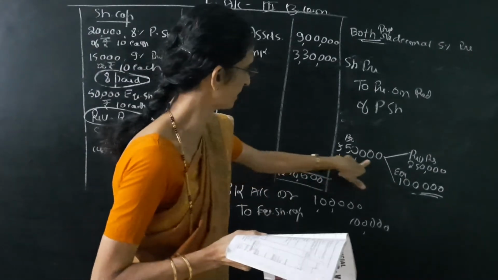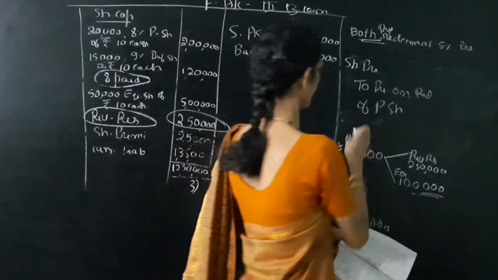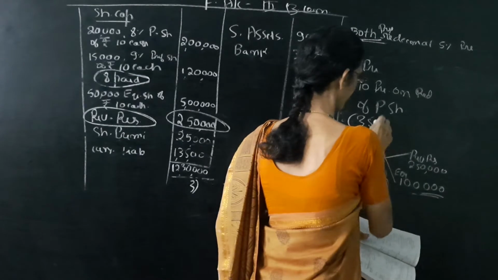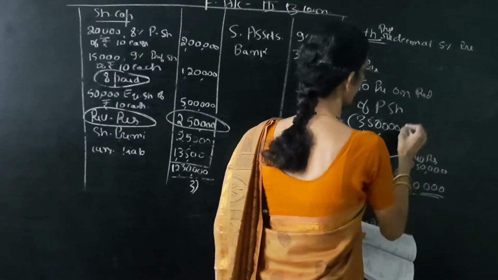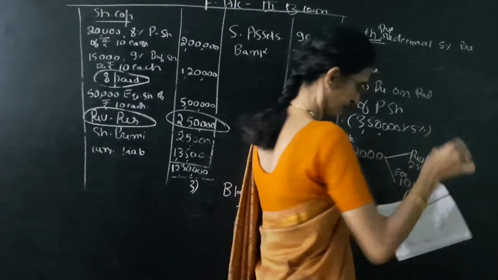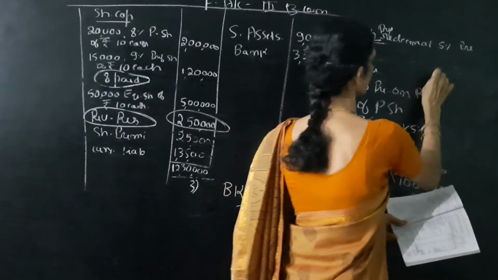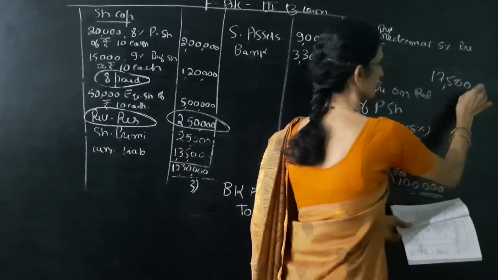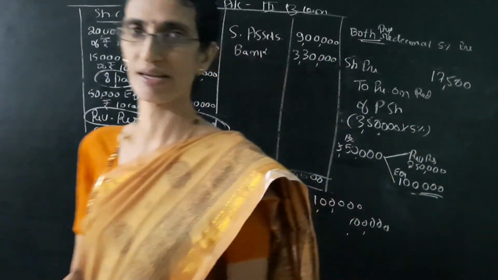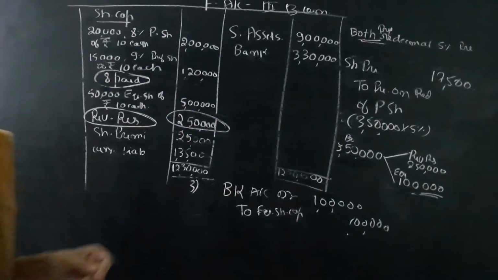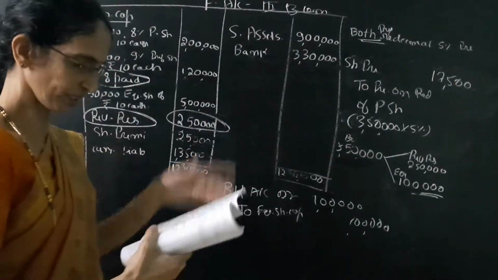So total how much is it? 3,50,000 preference shares, and it is given 5% premium. So the amount is 17,500. Both side amount, premium, is 17,500. So this is the next entry.